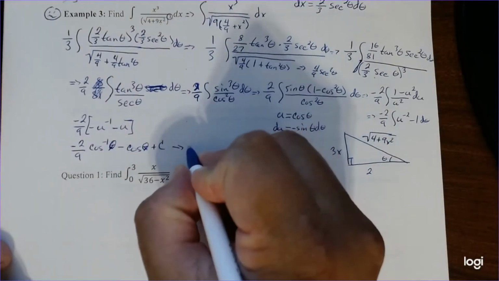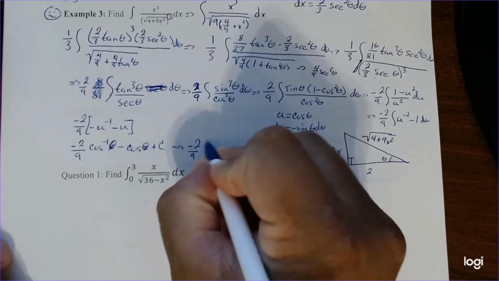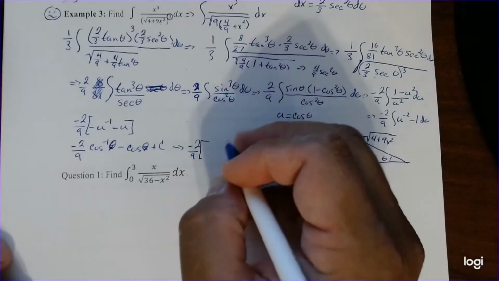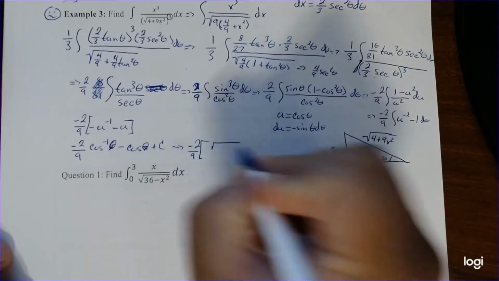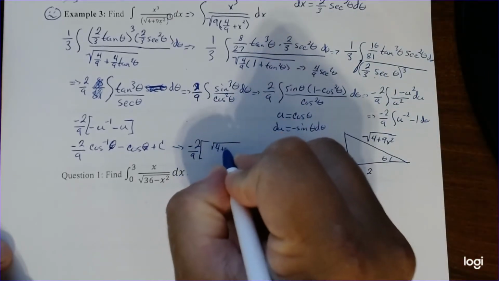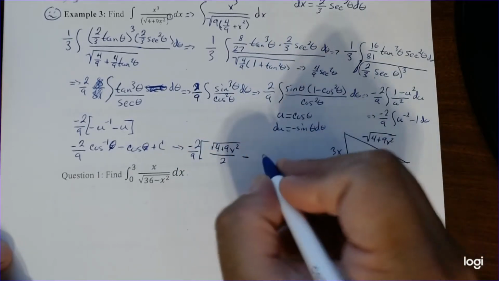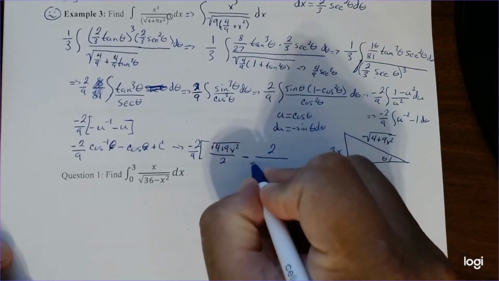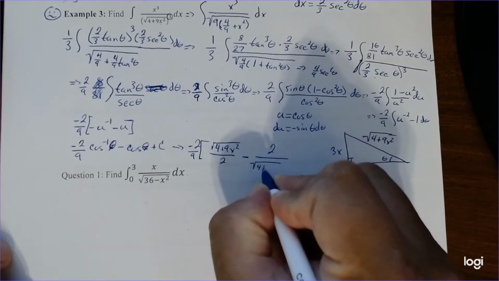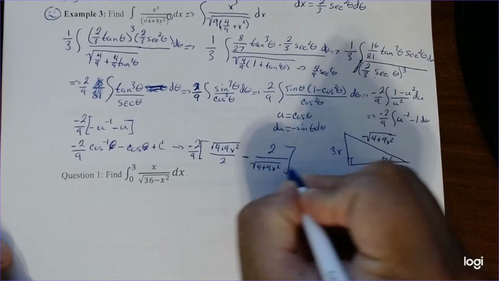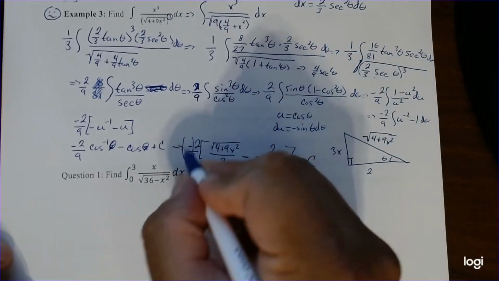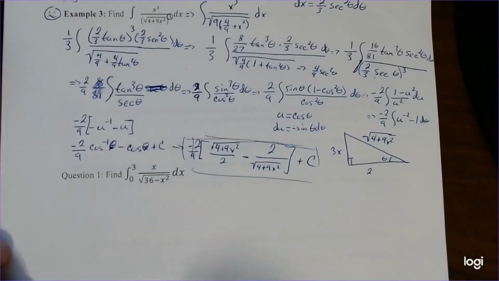So the first one, I'll just write it on the outside, is going to be over 2 minus this flipped. Plus c. And there we go. That horrible equation is finally done. So it can be pretty messy when it comes to it.